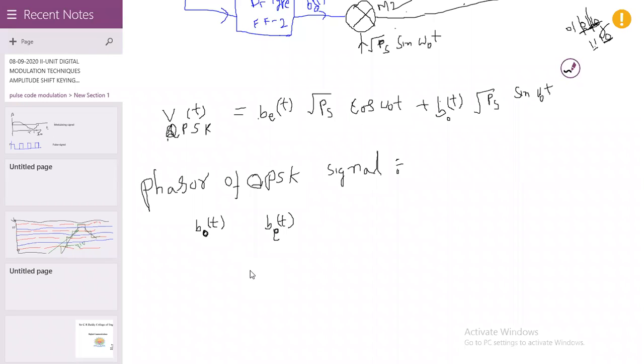Let us assume b e of t is minus 1 volt, which indicates logic 0. And plus 1 volt is equal to logic 1.